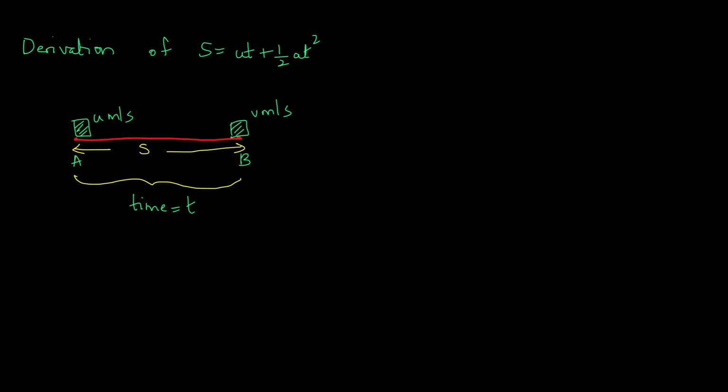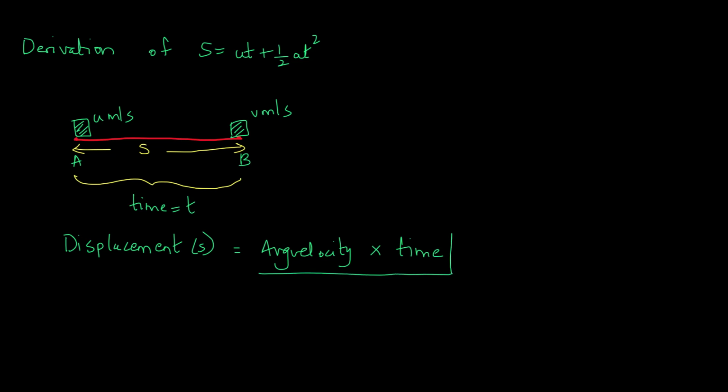As we know, displacement s is a product of average velocity and time taken. Here, average velocity is equal to (u + v) by 2.